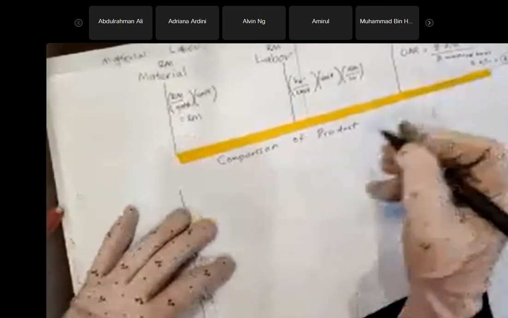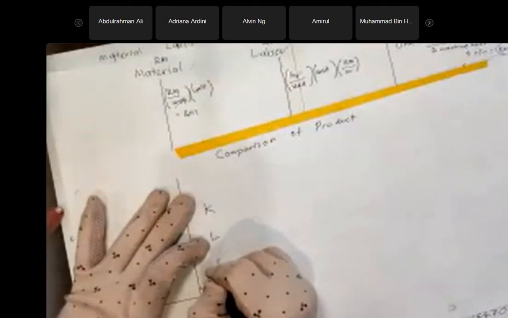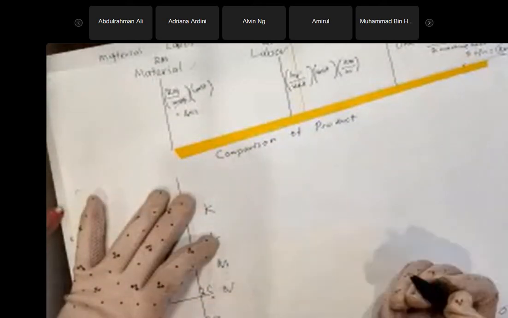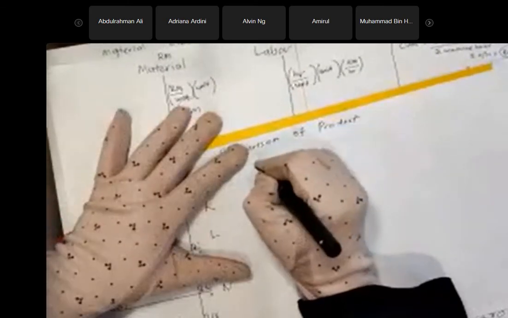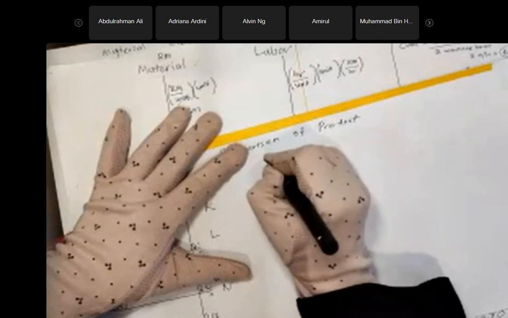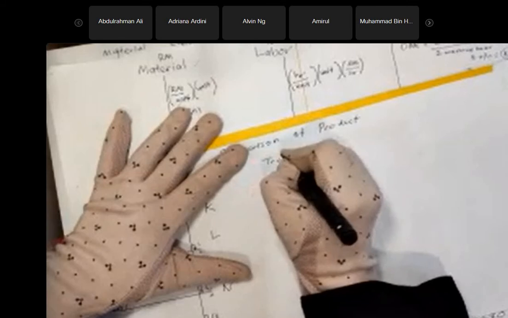Comparison of product. You have K, L, and N. So what is the cost per unit for the traditional approach, and you also have the ABC. Then the percentage of difference.